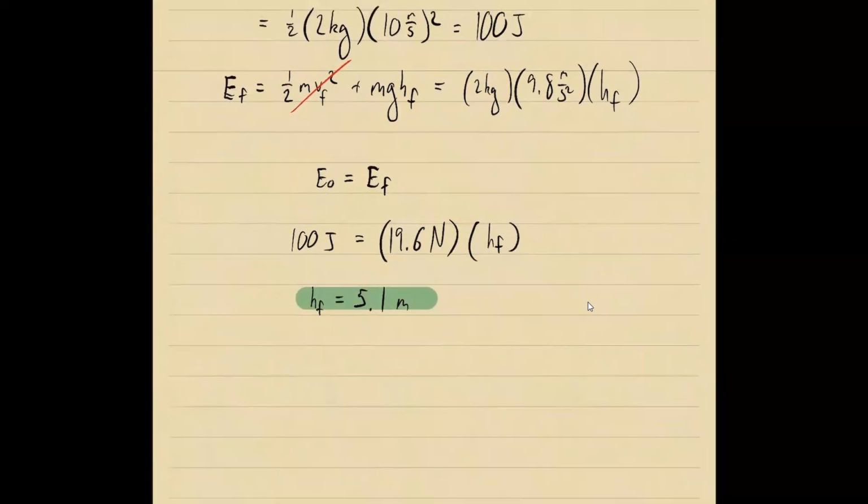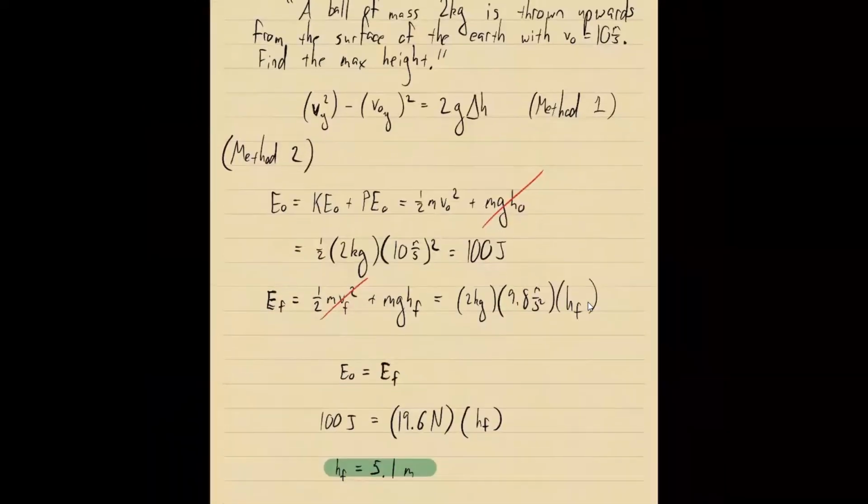So at this point, you might look at these two methods and say, well, they look kind of the same. In fact, this one actually might seem a little bit shorter than this one. But here's the thing. This second method still works even when the problem is really, really complicated.